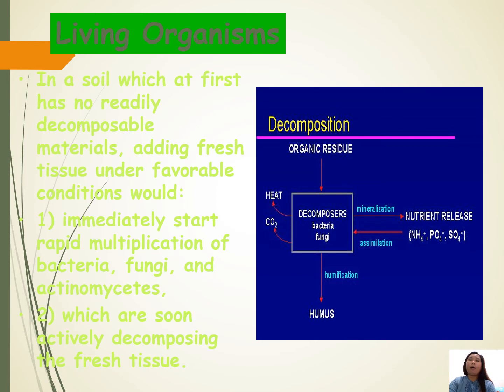Other organic substances would undergo mineralization, which is beneficial because it is a form of nutrient release to the plants. And from those that are mineralized, it can be assimilated back by the living organisms or the microorganisms. And during the decomposition process, you can notice in this figure that there will be heat and carbon dioxide that will be released.